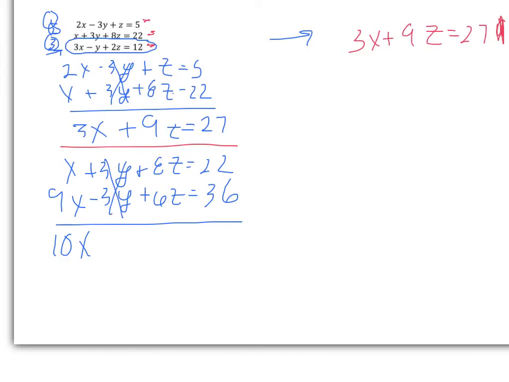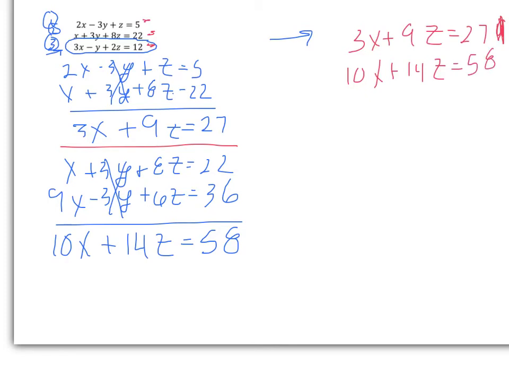The y's go away. Then 8 plus 6, that's going to be 14z. And this is going to equal 22 plus 36, that's 58, I'm thinking. So let's put it over here. So over here, notice we have 10x plus 14z equals 58. Okay.